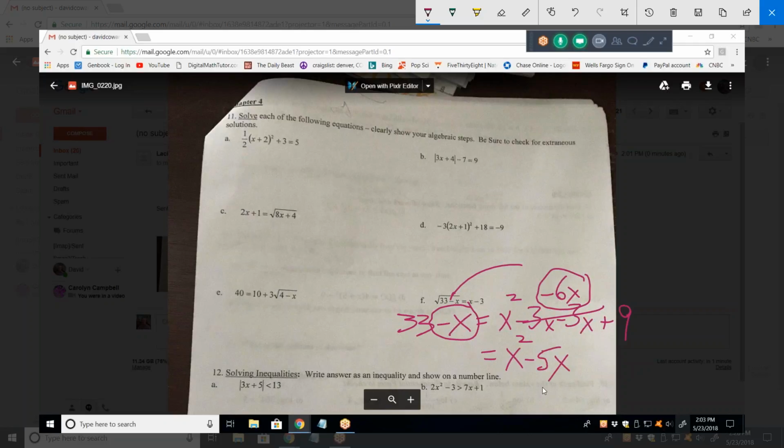I move it over by adding it. See that? Okay. Now what's the number going to be? 24. Plus or minus? Minus. Now, can you factor that?